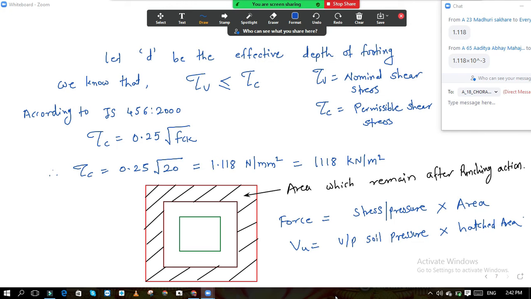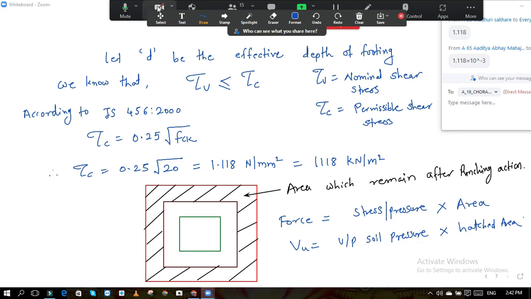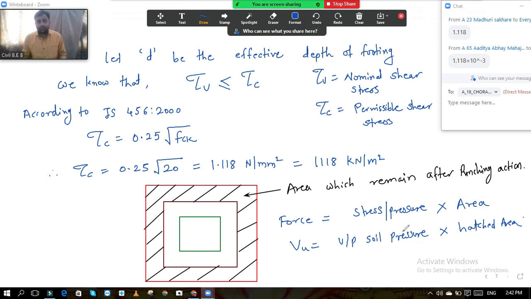Stress, or pressure, is the upward soil pressure that we have already calculated. And area is the one I have shown, the remaining area on which we need to calculate the shear force.